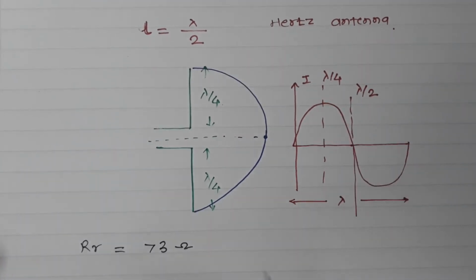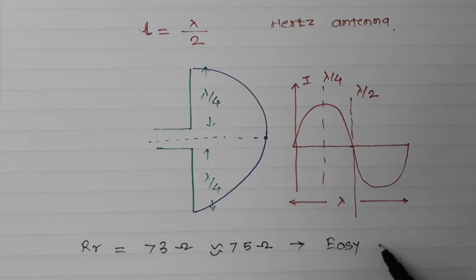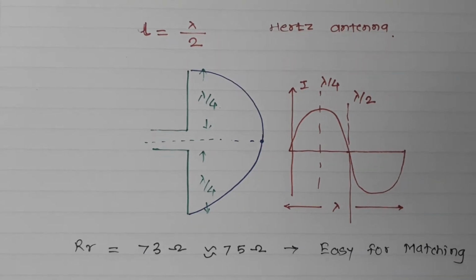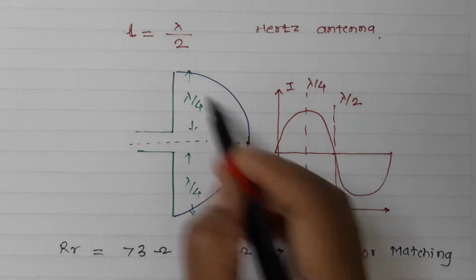So you can say it is easy for the matching process. And this is how we have seen the current distribution on this lambda by 2 antenna.